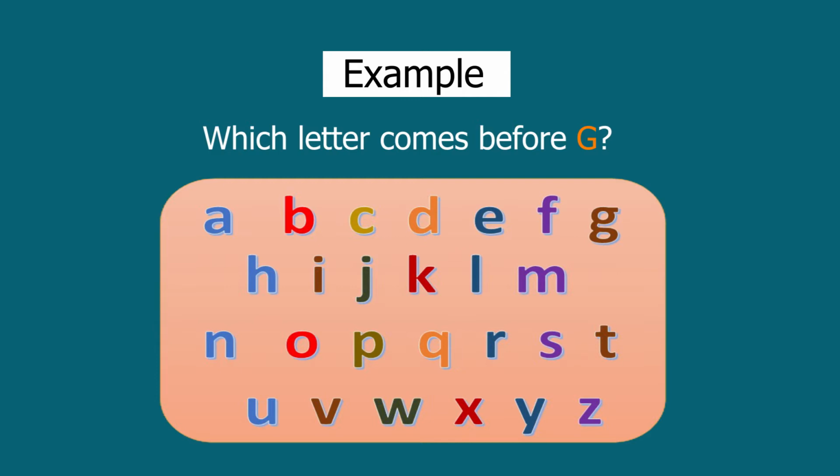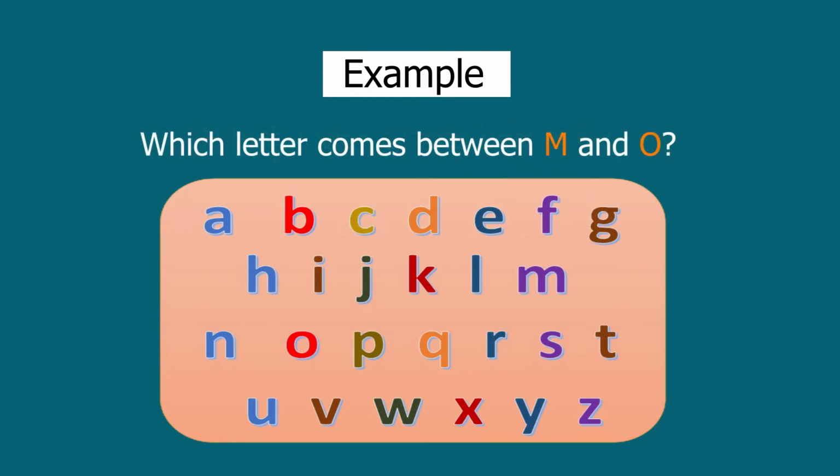Take a look again at your alphabet chart, or you could sing your little song, and you'll see that F comes before G. Now here's one, not so tricky, but be careful. Which letter comes between M and O?